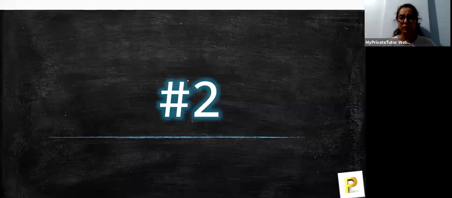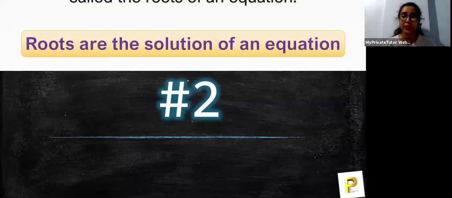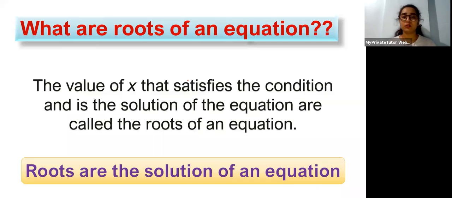Okay, before the solution by the factorization method, I'll tell you one important thing, that is what are roots of an equation. The values of x that satisfy the condition and are the solution of the equation are called the roots of an equation. Now, it looks like a very long sentence, but what does that simply mean?